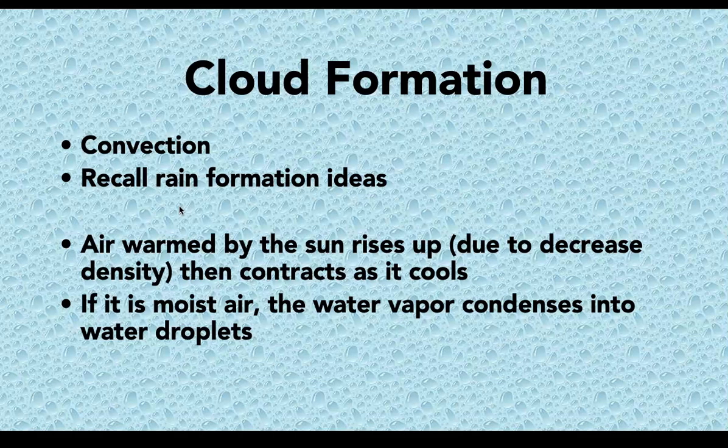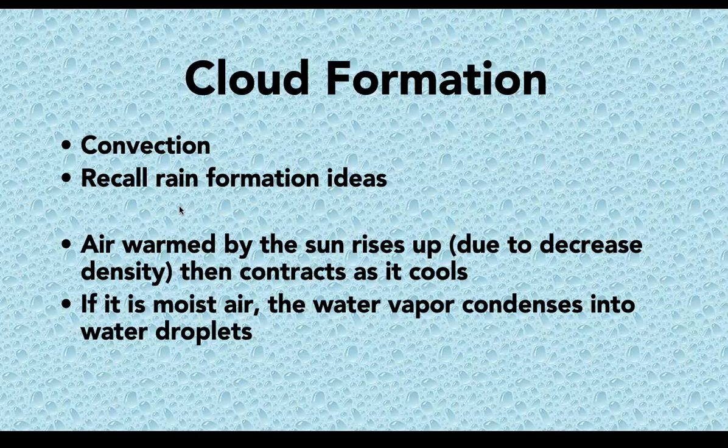So it's that process of convection that allows the warm, moist air to rise. The sun warms up water. Some of that water evaporates and rises up into the atmosphere. It cools and condenses, turns back into water droplets. Clouds are made of liquid water or ice, but not gas. They're not water vapor.